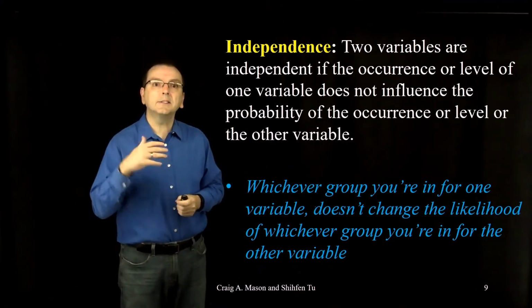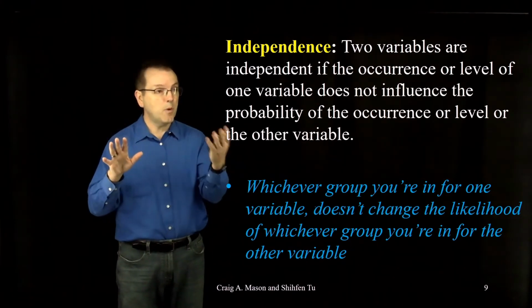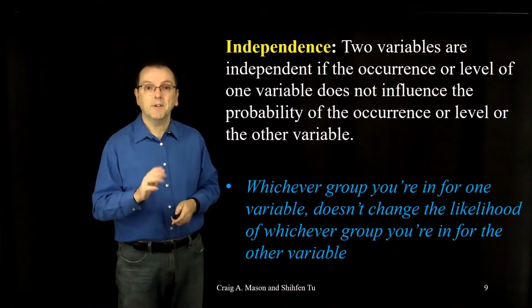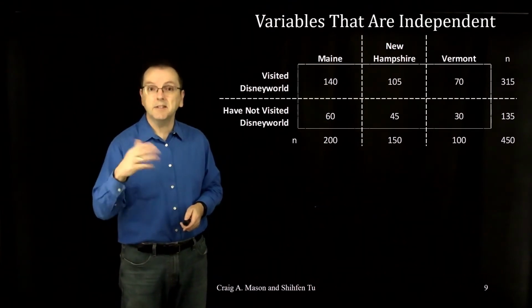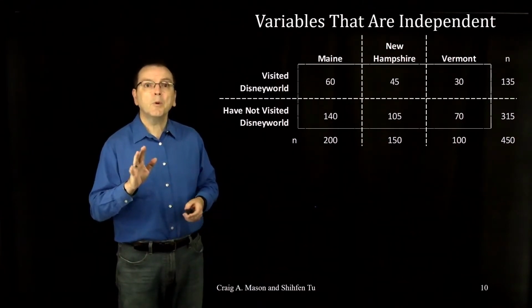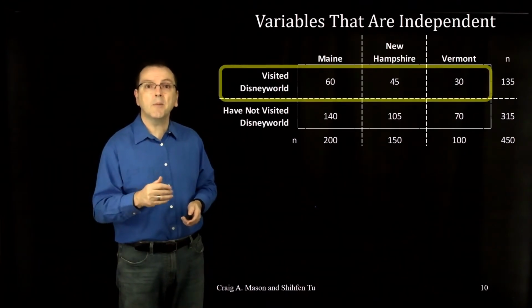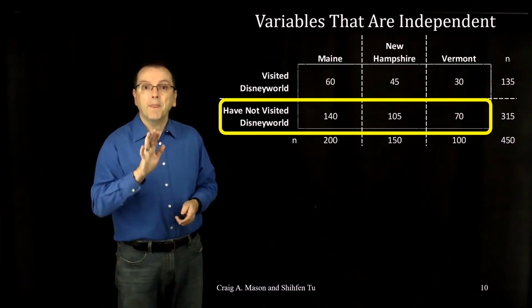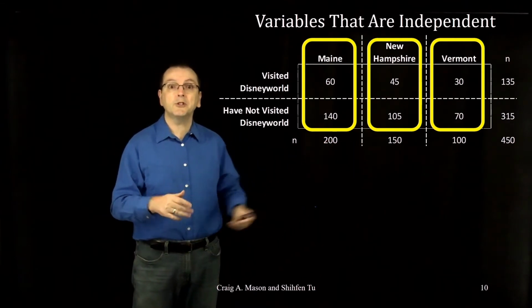To start, let's see what the data may look like if the state you live in and whether you visited Disney are independent. So here's an example of data where state and Disney status are independent. Notice we've organized it so that we have two rows indicating whether someone visited Disney or did not visit Disney, and we have three columns indicating the state in which someone lives.